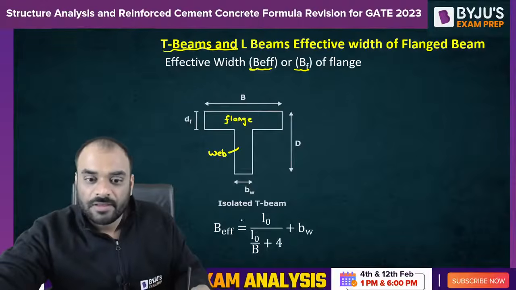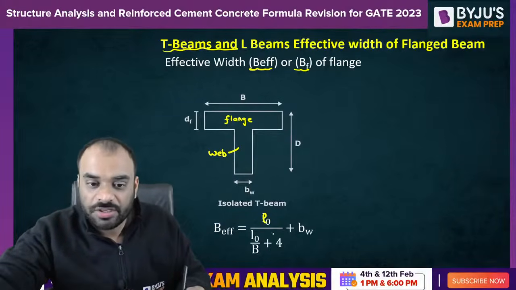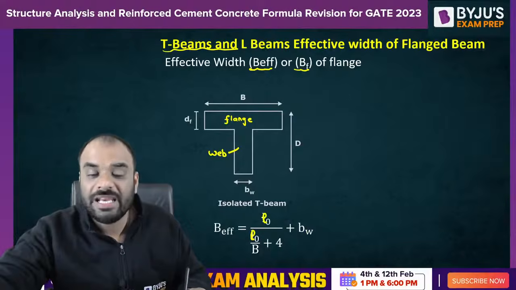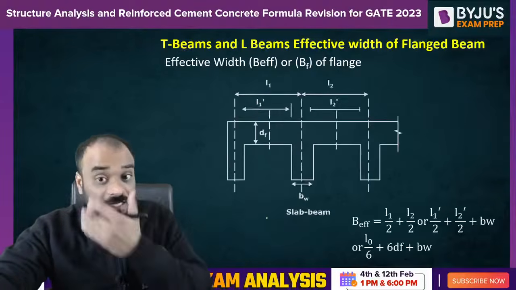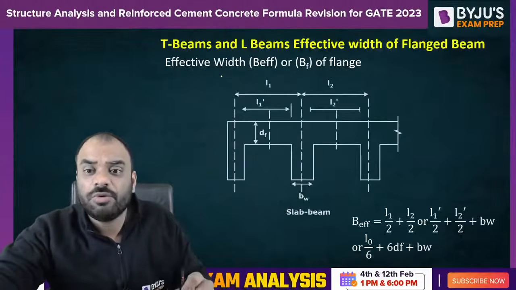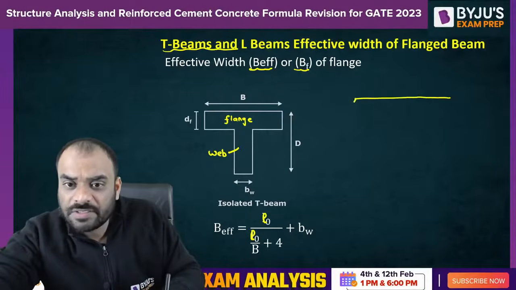Now, how to calculate the B effective? B effective can be written as L0 divided by 6 plus Bw plus... L0 divided by B plus 4 plus Bw. Now the question is, what is L0, sir? L0 is the distance between the points of zero moment in the beam. Let me explain it. Let us suppose, guys, you have a simply supported beam.